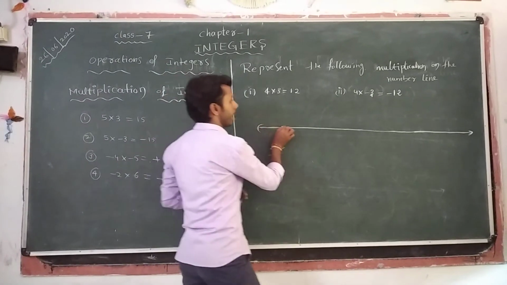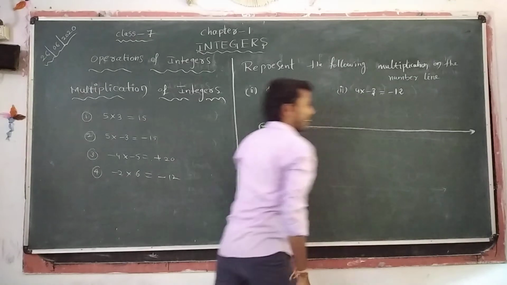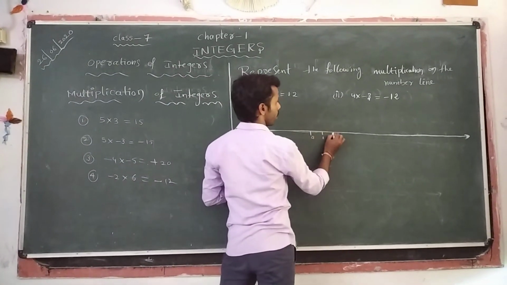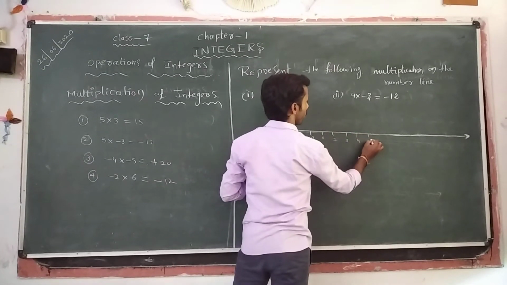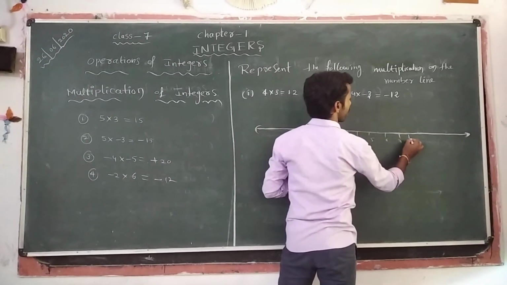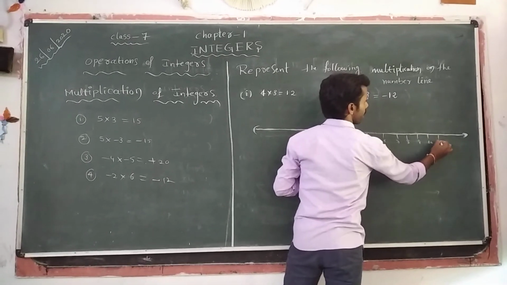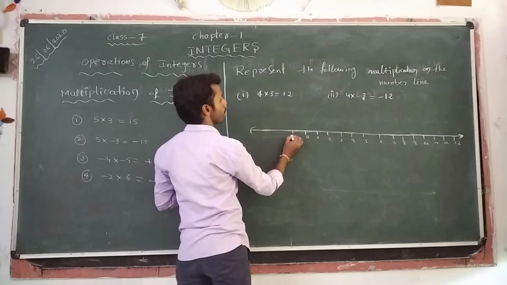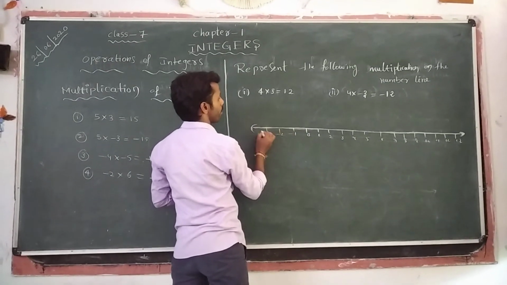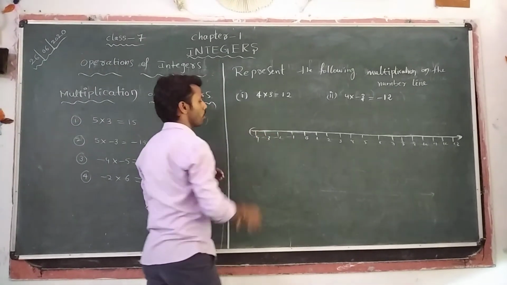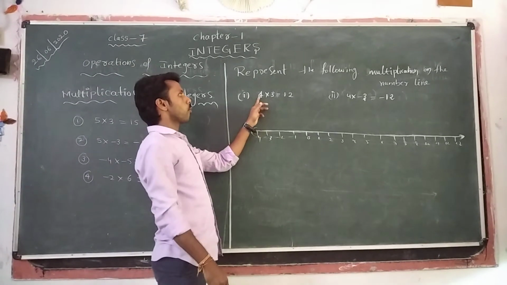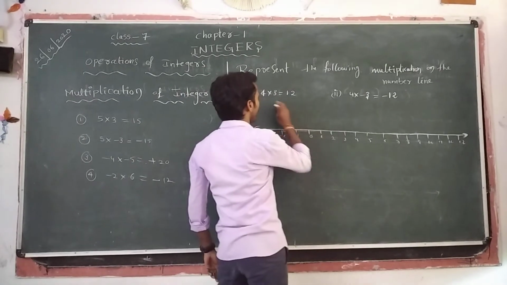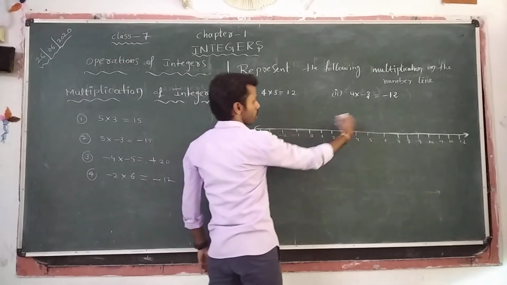Zero. On the right side of 0 are the positive integers 1, 2, 3, up to 13. And on the left side of 0 are the negative integers minus 1, minus 2, minus 3 and minus 4. For 4 into 3, both are positive, so we represent it on the right side of 0.